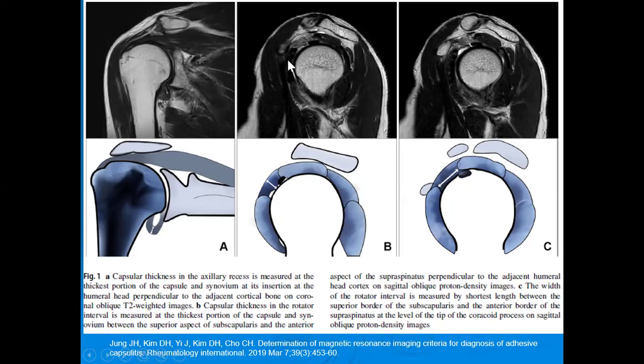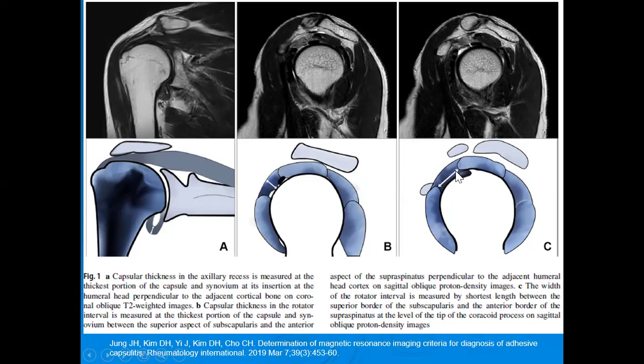Similarly, this black area is the rotator cuff interval; this is the supraspinatus tendon, these are the posterior cuff muscles, this is the subscapularis muscle, and this area is known as the rotator cuff interval. If the thickness of this rotator interval is more than 6 millimeter, it will be considered a positive sign for adhesive capsulitis.